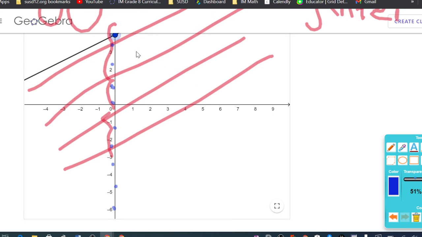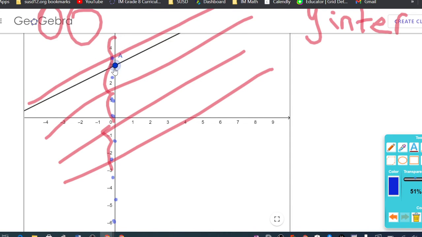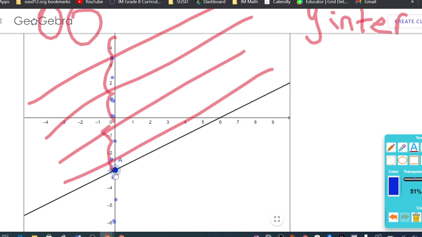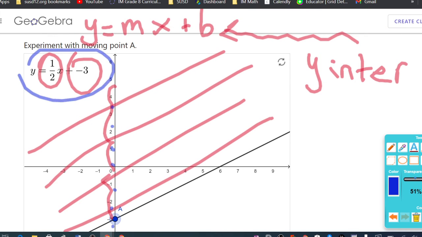Let's put the y-intercept somewhere below the x-axis, so it has a negative y-intercept. Now at -3, what is the equation? 1/2 x plus -3. Well, let's write that correctly. 1/2 x minus 3, because a plus, a negative is a negative.